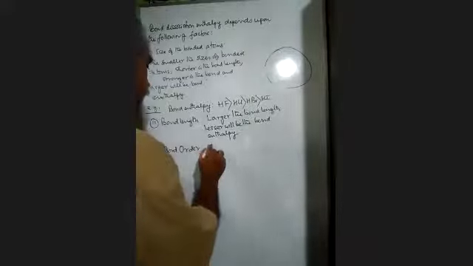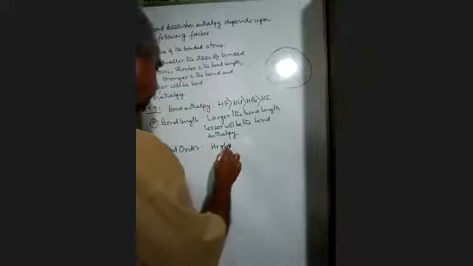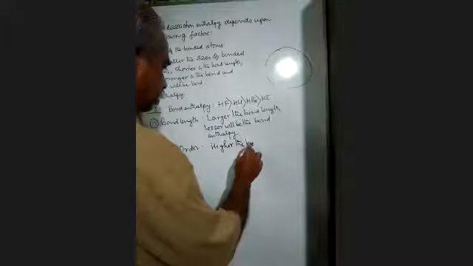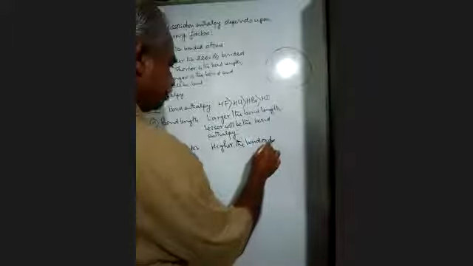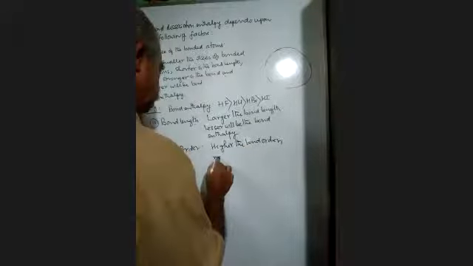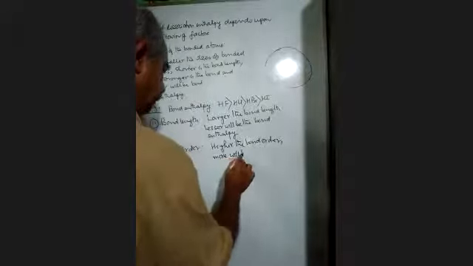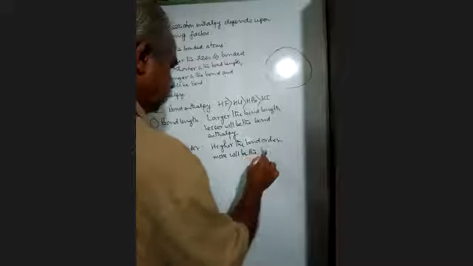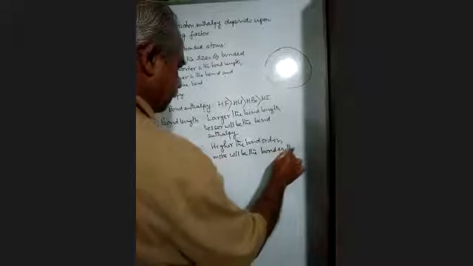In that case, their bond dissociation enthalpy, or bond enthalpy, will be more. Why? Because in case of hydrogen, you have to break 1 bond. In case of oxygen, you have to break 2 bonds. And in case of nitrogen, you have to break 3 bonds. So what will we write now? Higher the bond order, more will be the bond enthalpy.